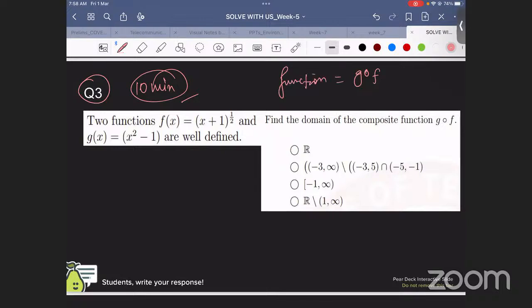Now, if I have to calculate the domain for this function, I need to check something, correct? First of all, I have to take care of all those values of x where f of x is satisfied. That means I have to calculate the domain of f and exclude all those values of x where f of x is not satisfied. That is the first step. The second step you can understand with the figure itself.